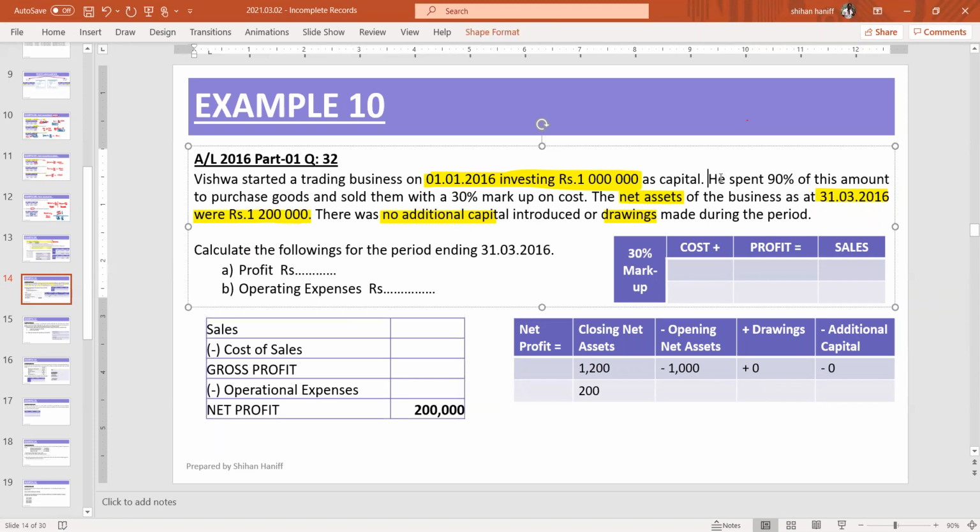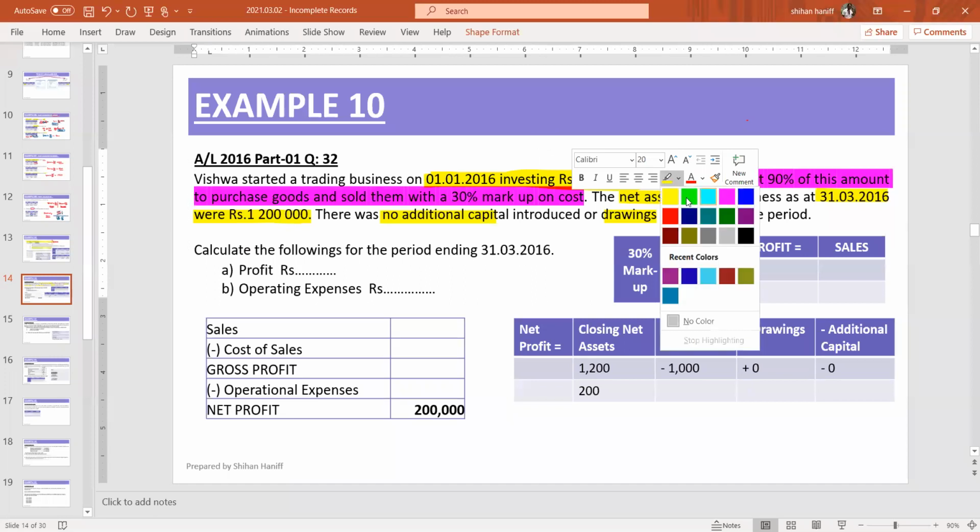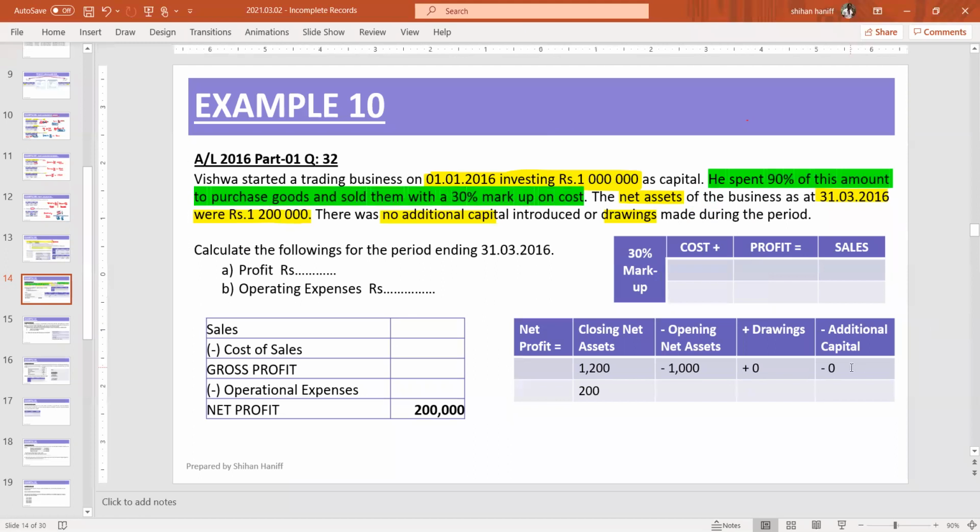One piece of information that they have given, he spent 90% of this amount to purchase goods and sold them with 30% markup on cost. So we have to use this information in order to find out the sales and the cost of sales. What is the cost of sales?